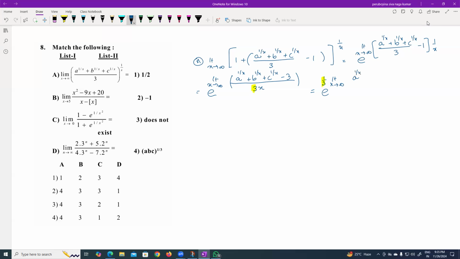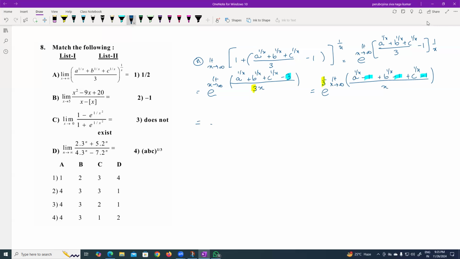So how am I creating this? A power 1 by x minus 1 plus b power 1 by x minus 1 plus c power 1 by x minus 1, and whole divided by x. Here you can observe that this minus 3 was split as minus 1, minus 1, minus 1.